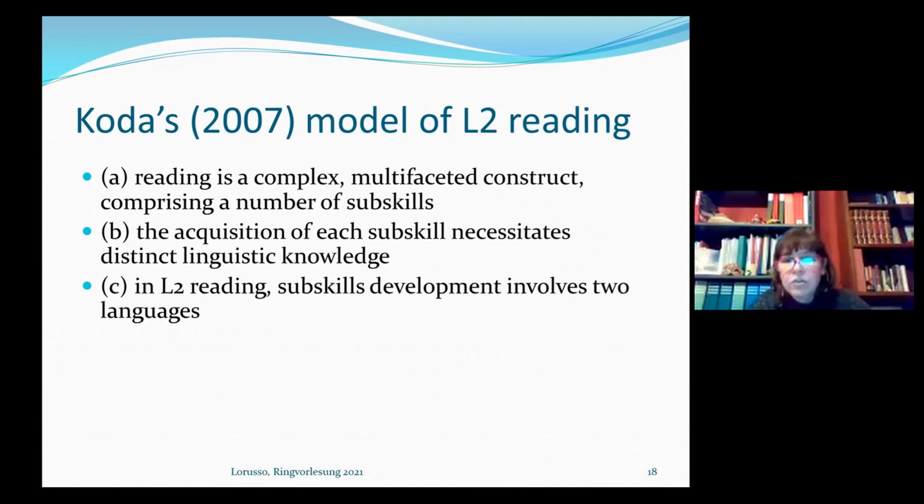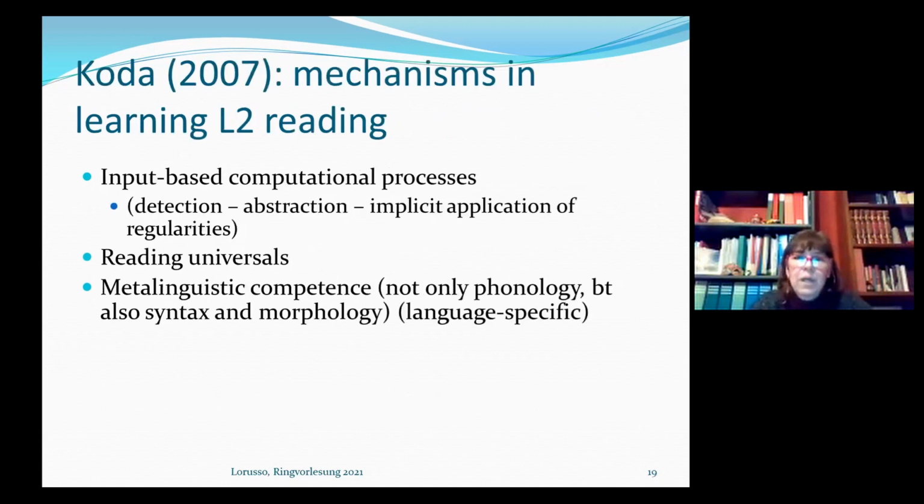And in L2 reading, sub-skill development always involves the two languages at the same time. So the mechanisms in learning L2 reading are described by CODA's model as input-based computational processes, which are constituted by detection, abstraction, and implicit application of regularities.